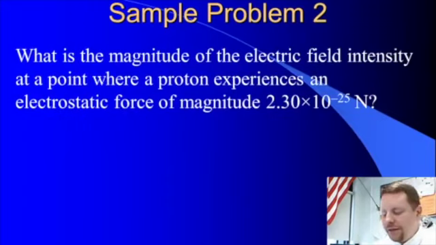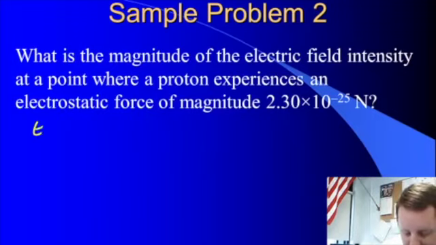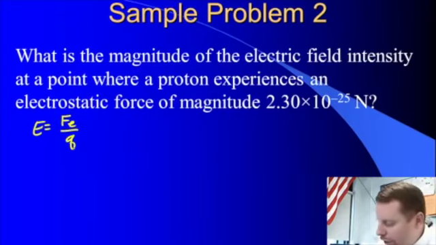What is the magnitude of the electric field intensity at a point where a proton experiences an electrostatic force of 2.3 times 10 to the minus 25 newtons? Well, we can take the same basic approach. The electric field intensity, or electric field strength, is the electric force divided by the charge.